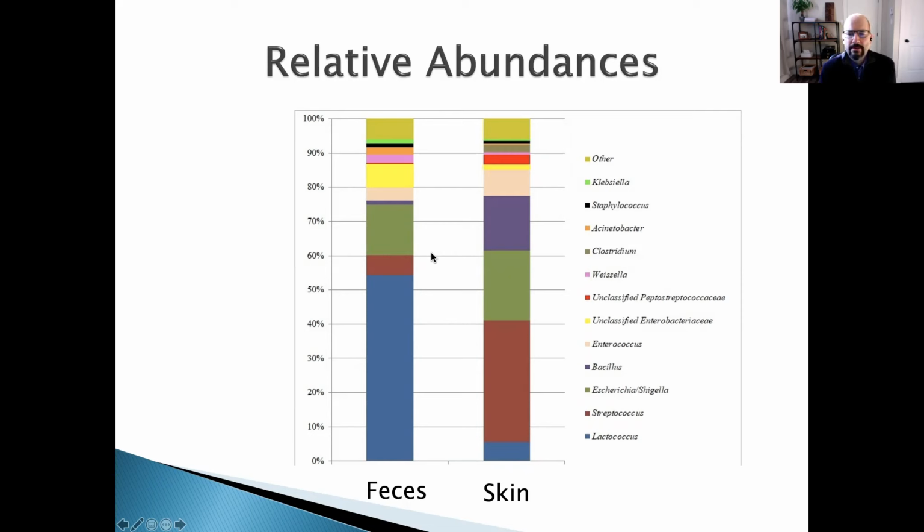You cannot say that one sample is higher. Let's look at the Escherichia-Shigella group here, okay? So here we have about 15% abundance, and here we have about the same, like 20%. It doesn't mean there is more Escherichia in the skin than in the feces.